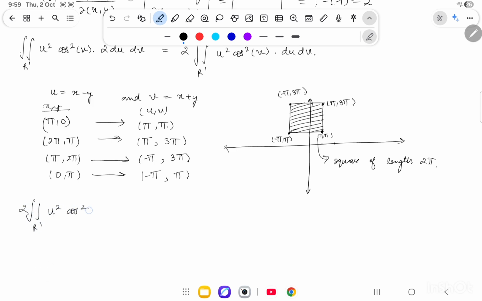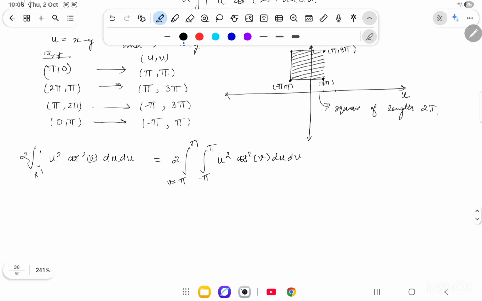u square cos square v du dv, and it is equal to 2 times integration, where v is varying from, if this is the u axis and this is the v axis, pi to 3 pi, and u is varying from minus pi to pi, of u square cos square v du dv.